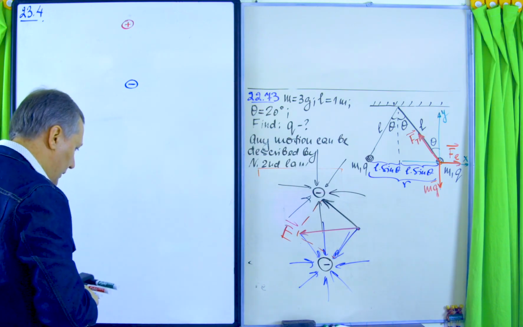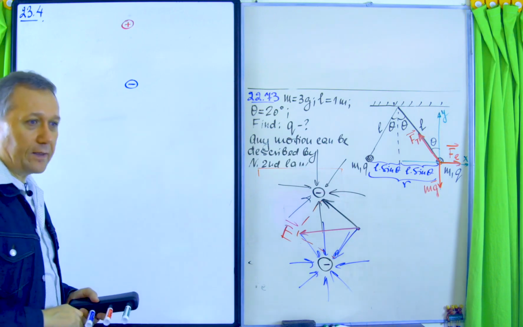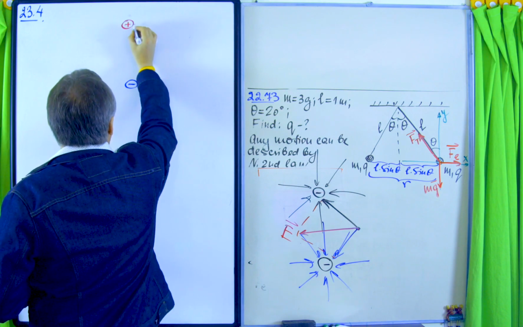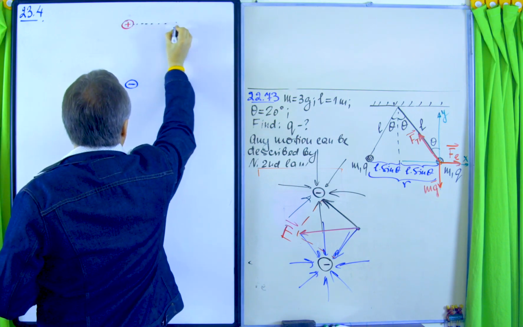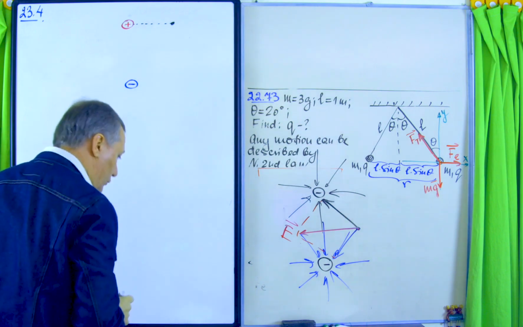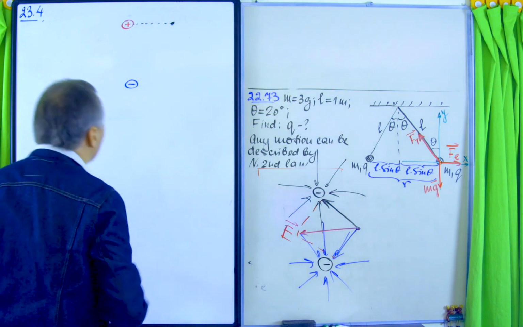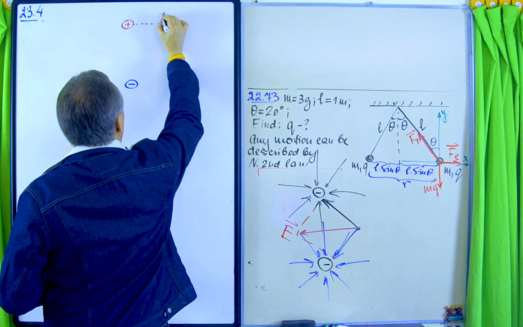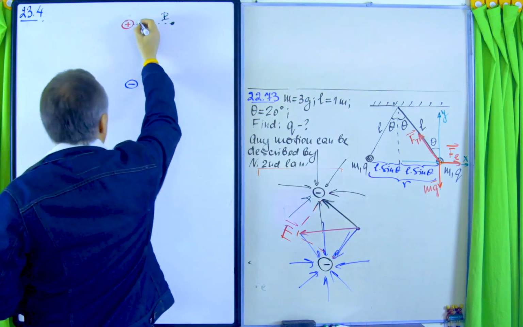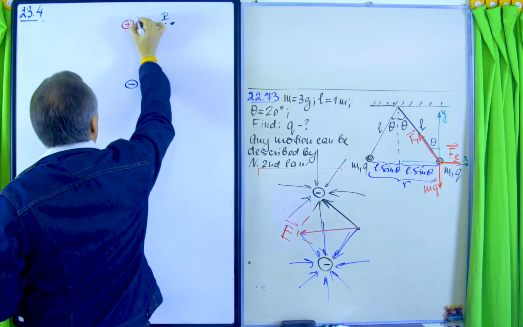I will show it in a second. We need to find the electric field at this point. So let me draw this dash line over here. So this is the point where we need to find the electric field. Let's call it point P. This distance is given. It's B.